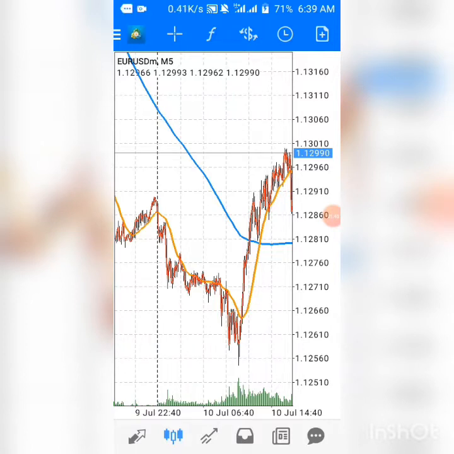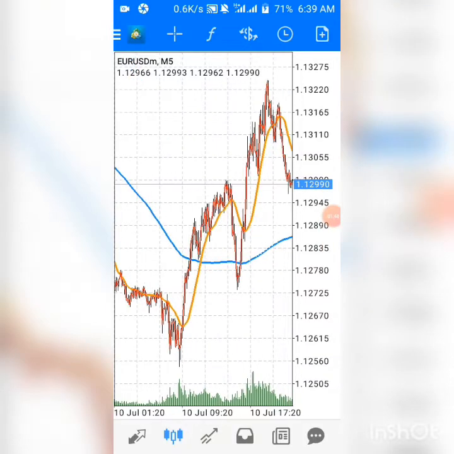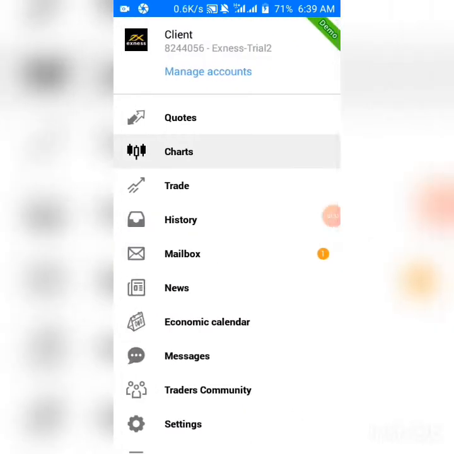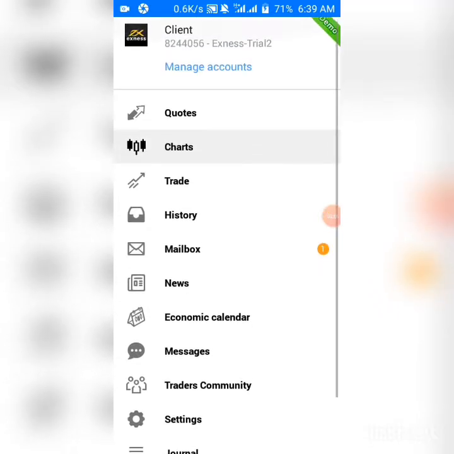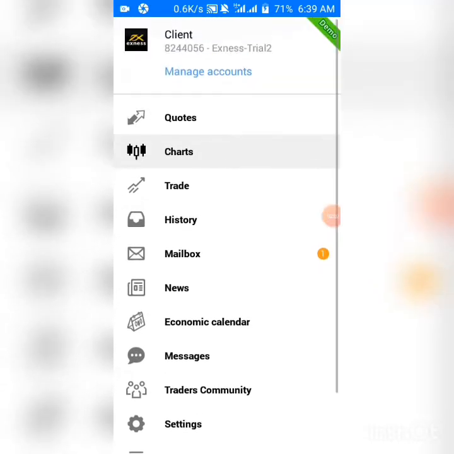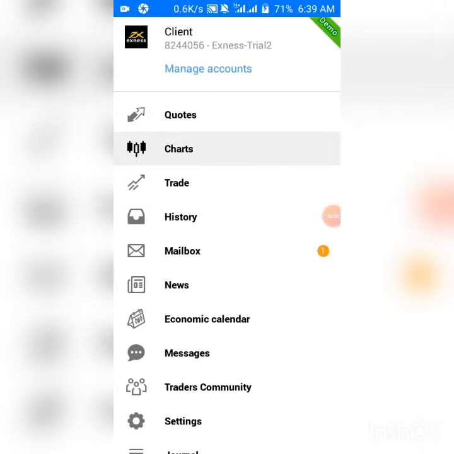Once you have installed MT4 on your phone and you have the necessary details with your broker, you can easily use it to start to trade and make profits if you follow my instructions as I'm going to give them out.